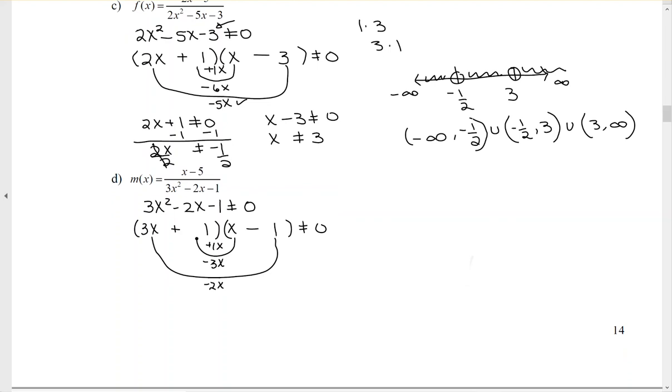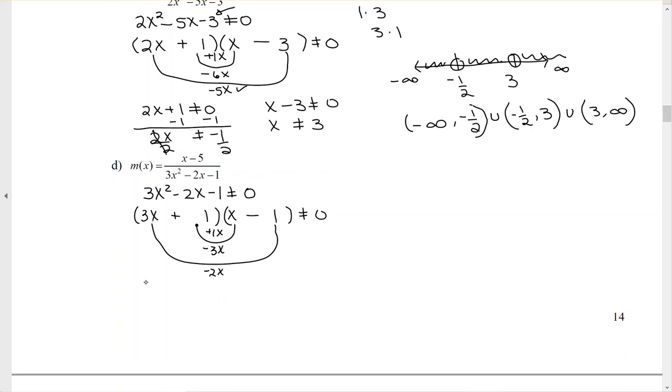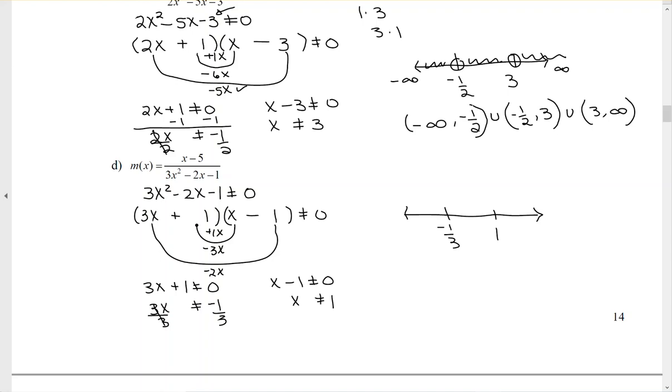So once I have that, I go ahead and set each factor not equal to 0. Solve for x, so take away 1 from both sides, divide by 3. And the same thing here, x can't be +1. So again, taking a look at it on a number line, -1/3 is smaller than 1, so I'm going to put them in order like that.